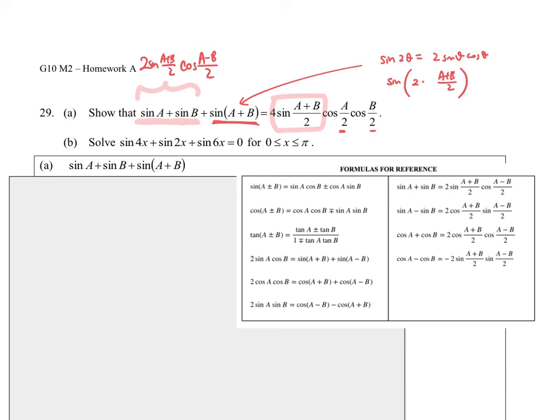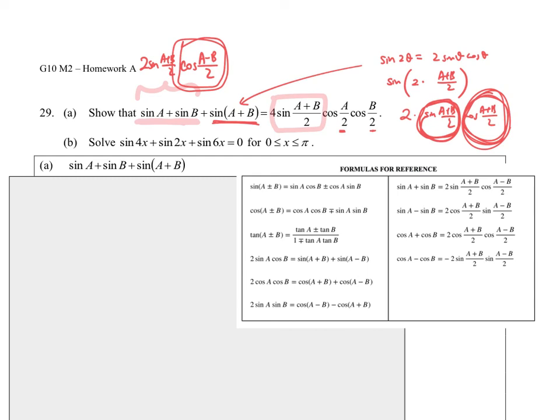Because after that you get 2 times sine A plus B over 2 cosine A plus B over 2, and you see that there is a factor here, sine A plus B over 2, that you can combine with the first expression. After doing that, you will get some cosine A minus B over 2, cosine A plus B over 2. For these two, you can combine using the sum to product formula, and I believe you'll get the result very soon. So you can try on your own.